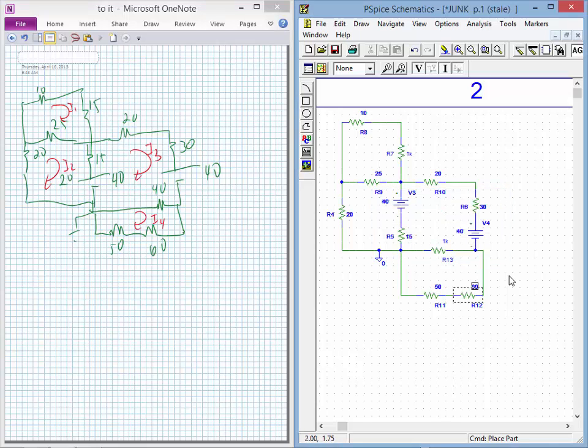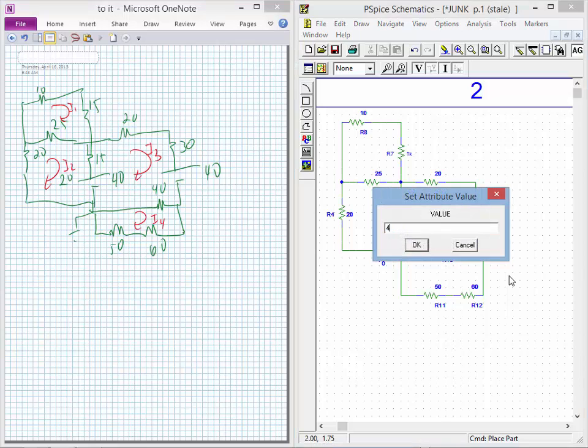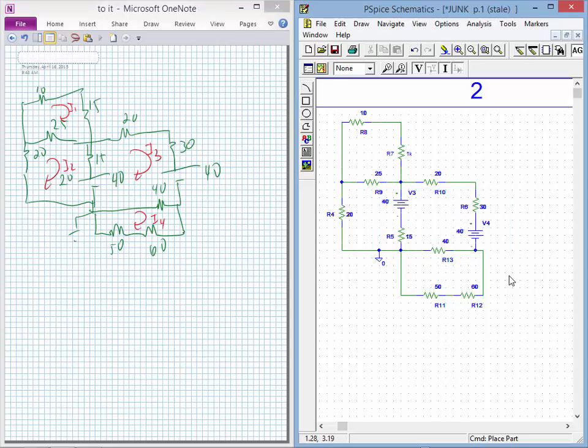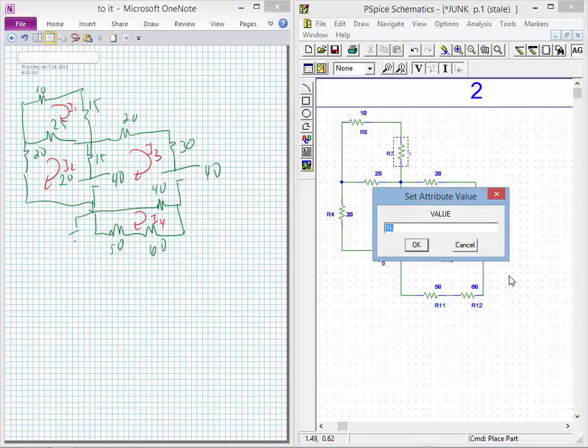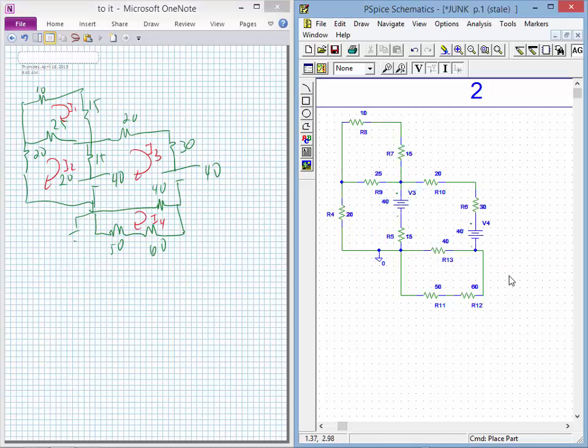And I forgot this one here. That's the 40. Okay. Did I miss one here? Oh, this one here. Okay. Now we've got everything.